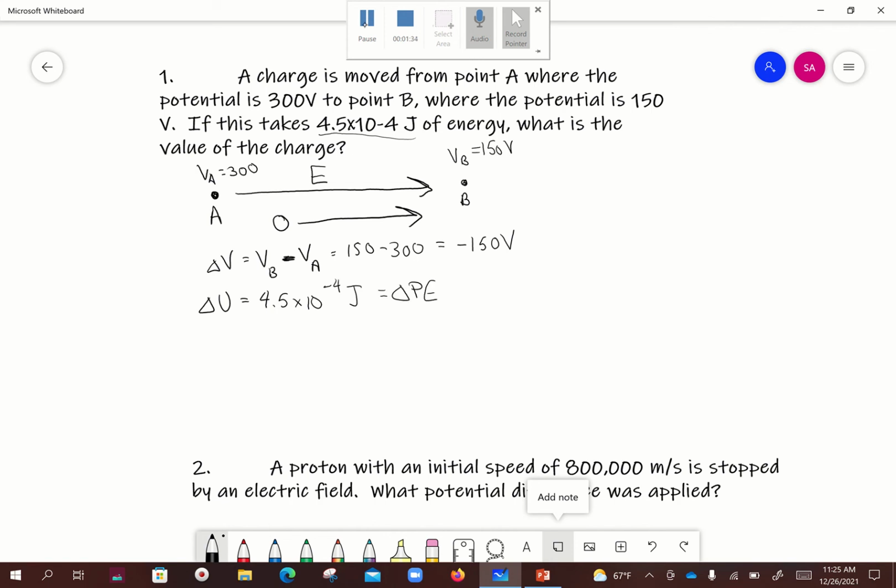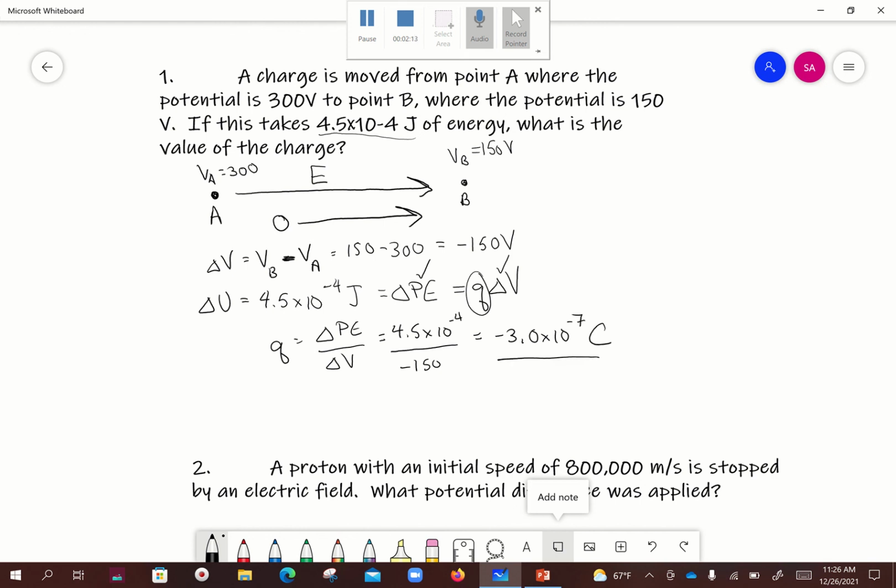So my change in potential energy, if you remember the equation, is Q times delta V. So I know my delta PE, I know my delta V, and so I just have to rearrange it to get my Q. So Q is equal to delta PE over delta V. So that's 4.5 times 10 to the minus 4 over minus 150. And I get minus 3 times 10 to the negative 7 is my charge. So the units for that is coulombs, or minus 30 microcoulombs.